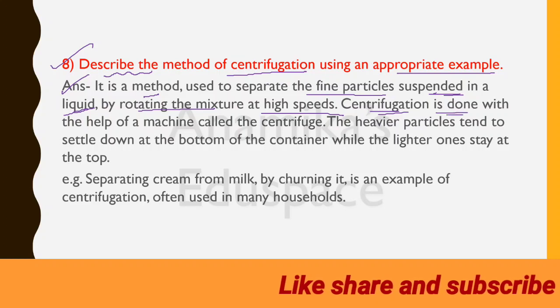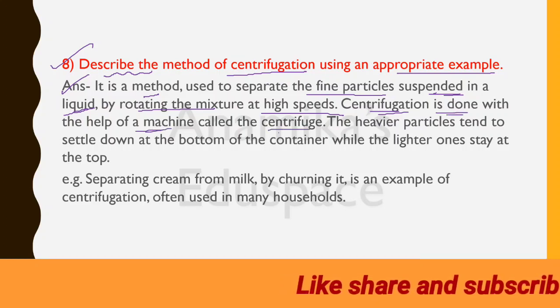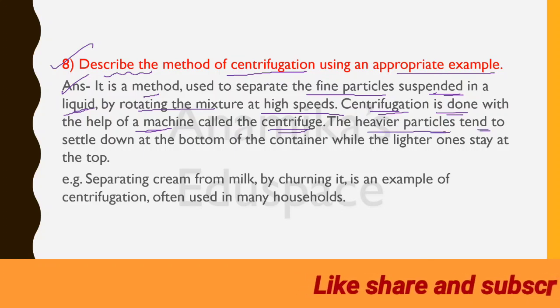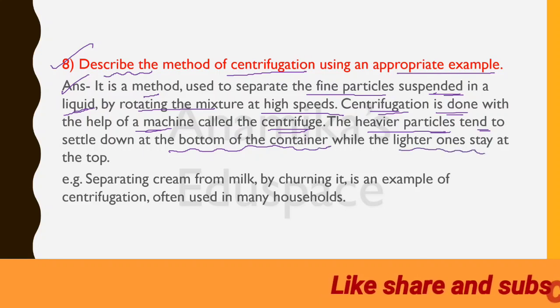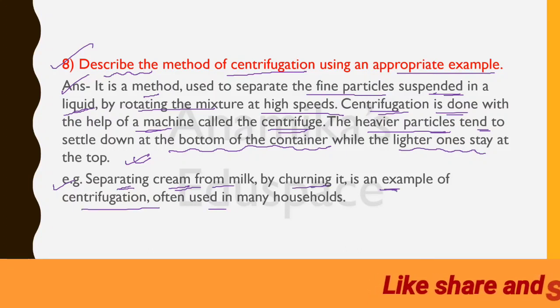Centrifugation is done with the help of a machine called the centrifuge. The heavier particles tend to settle down at the bottom of the container while the lighter particles stay at the top. For example, separating cream from the milk by churning it is an example of centrifugation often used in many households. So this was the last question, students.